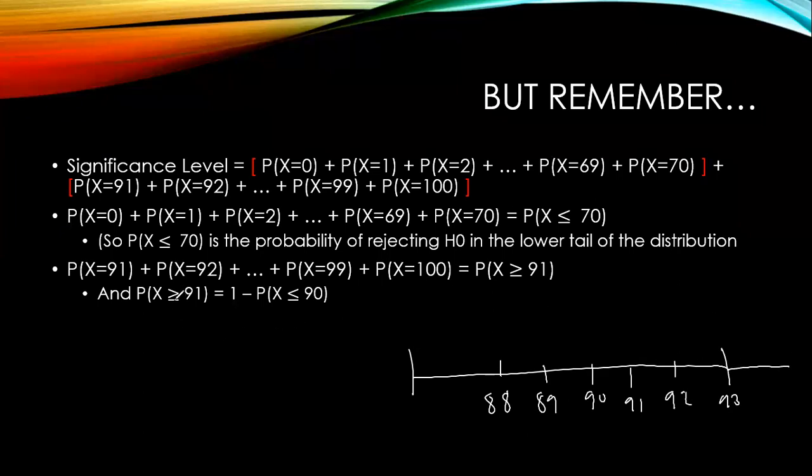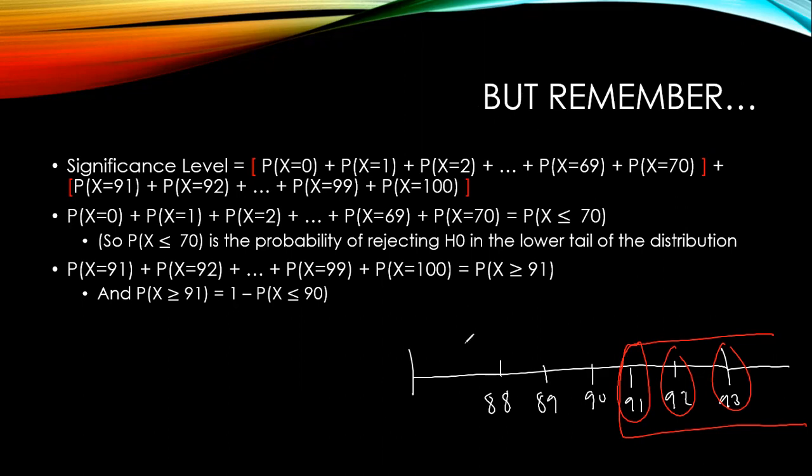So the probability that we get 91 or more successes would be adding up this probability, this probability, this probability, so all these probabilities bigger than or equal to 91. But this is exactly the same as follows. Remember, probabilities add up to 1.